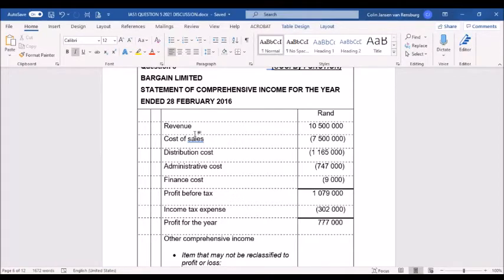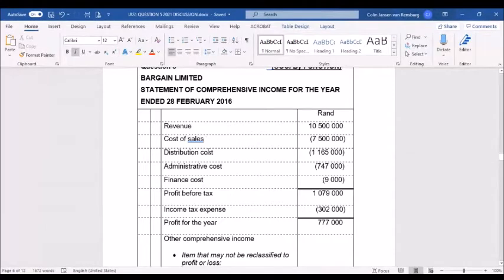But if you've got another source of income that is not part of your revenue, such as, for instance, the profit on disposal of property or something like that, it has been realized, then you'll have a little line there called other income, right? And then you'll include that there. And then in that case, your third line item will be the cost of sales, which we did on Monday.